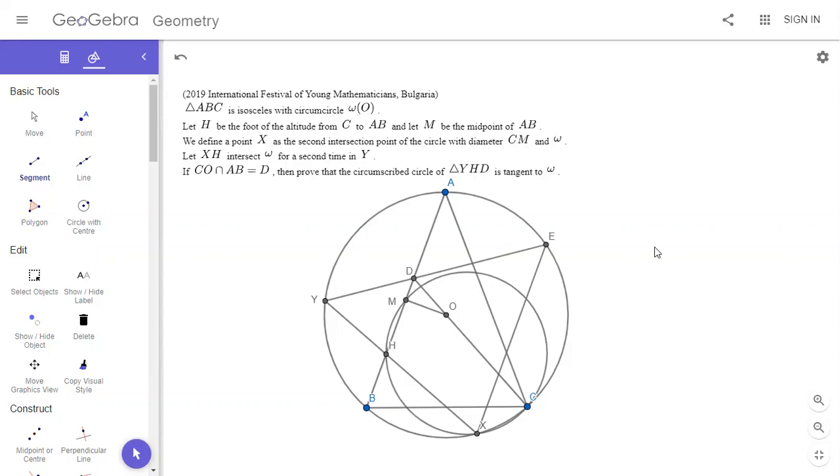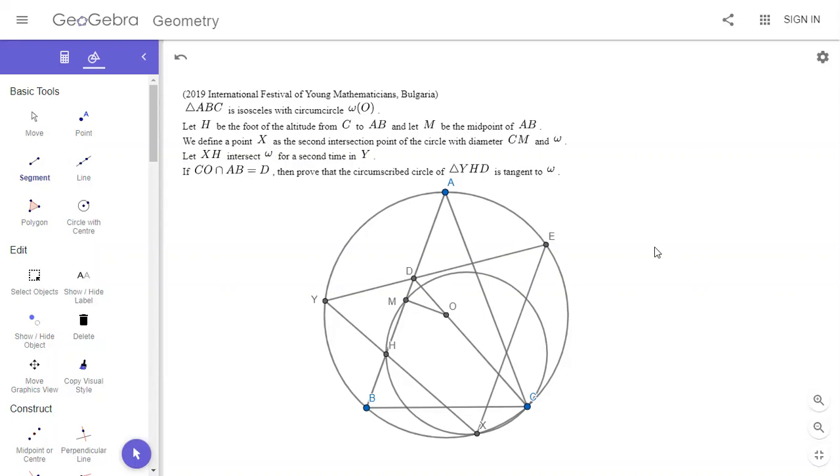So yeah, there's a bunch of different equal angles that it's equivalent to. So we want to show AYD is equal to BYX. AYD and BYX. Can we show those are the same?